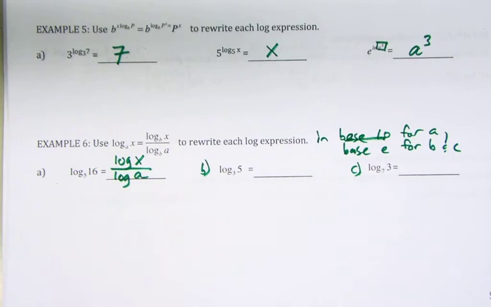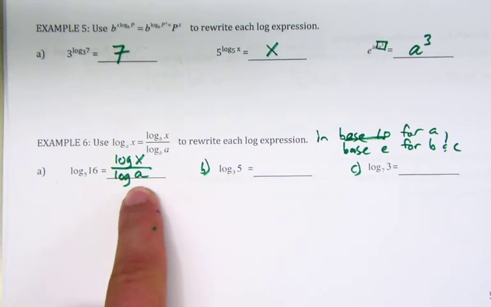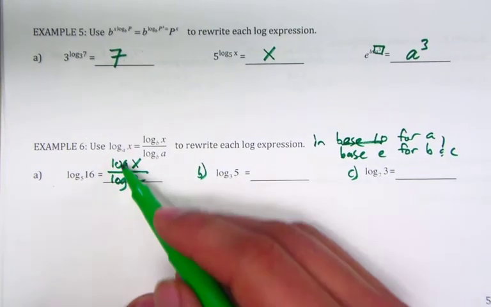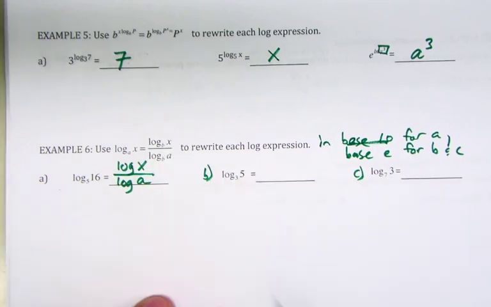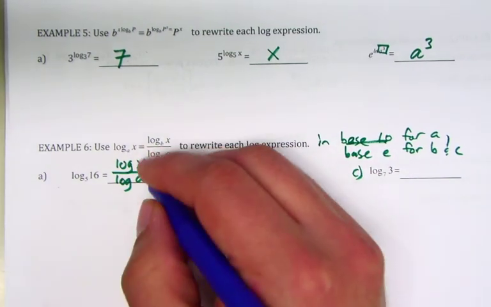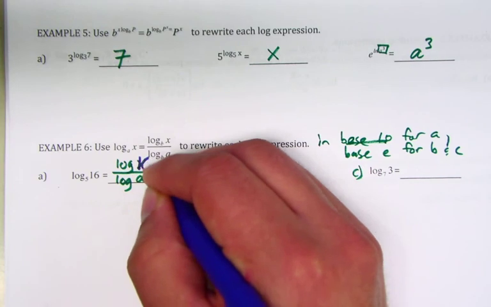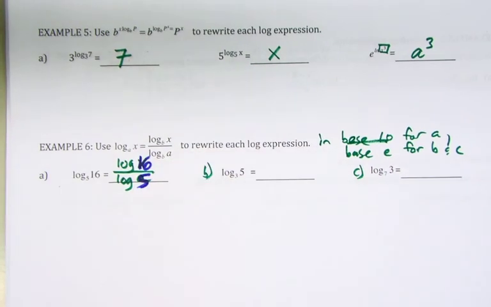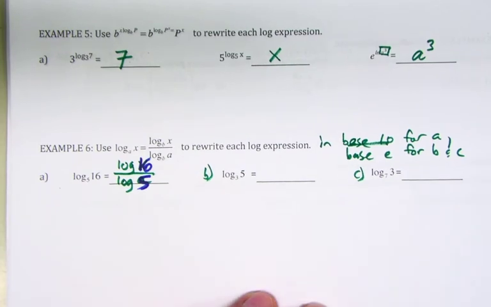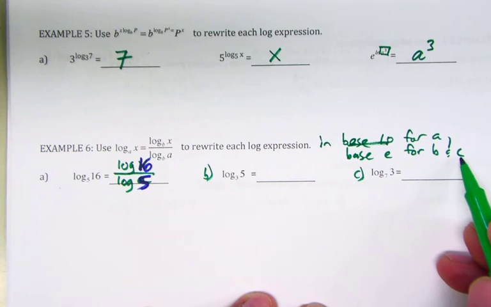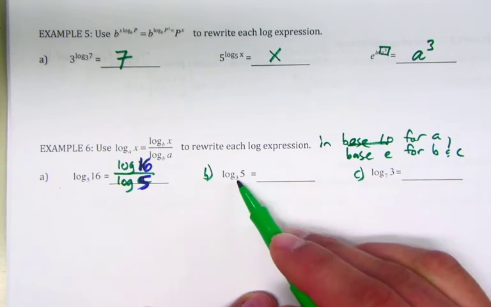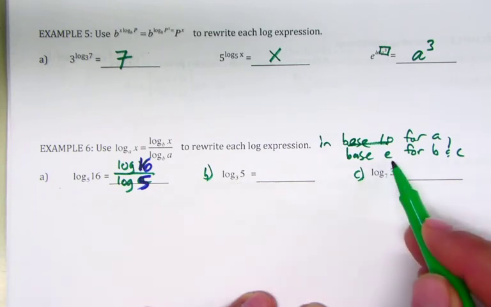This? Yes. Oh, where was I looking? I'm looking up here. Thanks, Nicole. What should this be? 16 and 5. I was looking at the wrong thing. Sorry about that. Okay. For B and C, let's change these to base E. So what kind of logs are those?